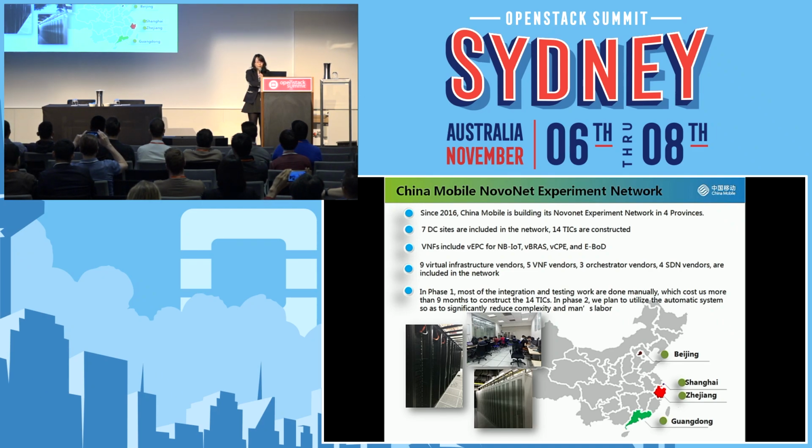And by now, we have 14 ticks constructed. VNFs, as I mentioned, include narrowband Internet of Things, virtual BRAS, virtual CPE, and enterprise bandwidth on demand. This EBOD thing might be a little bit unfamiliar to all of you, but you can consider it as a virtual CPE for the enterprise users.